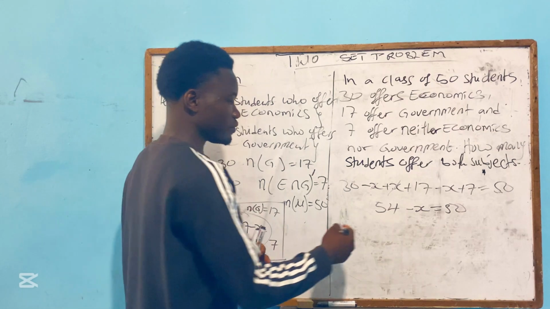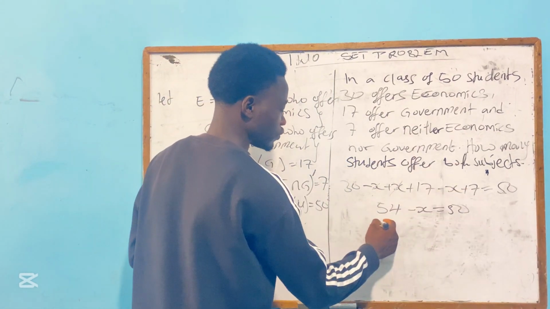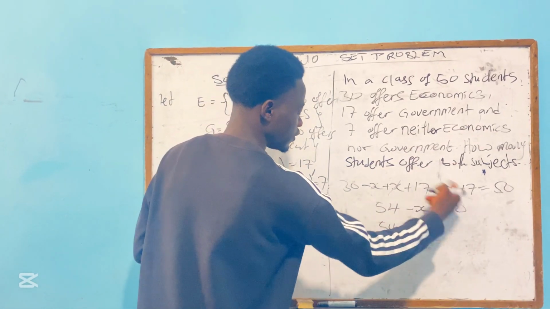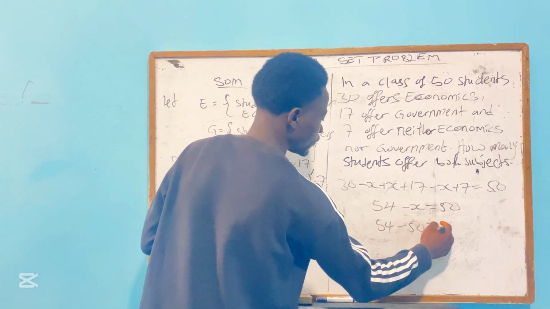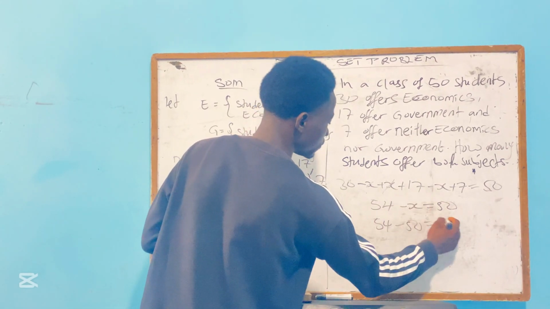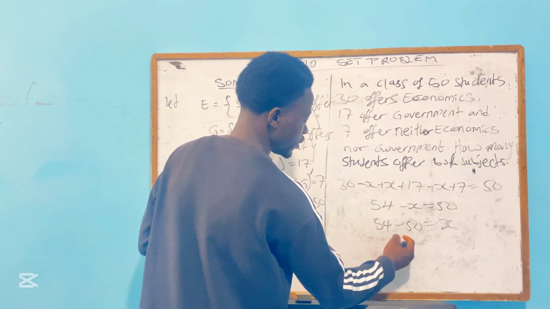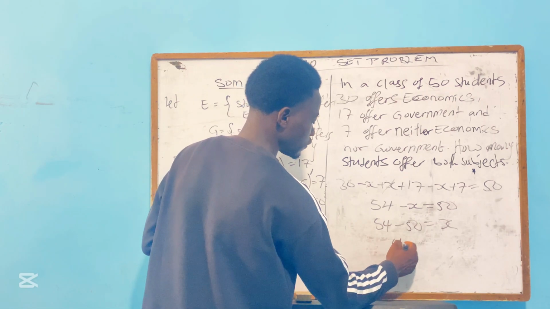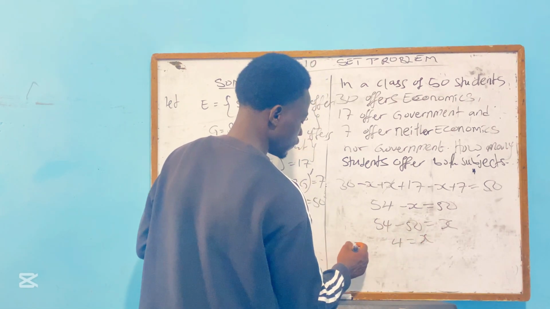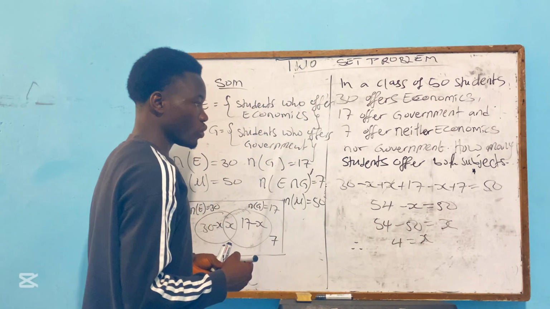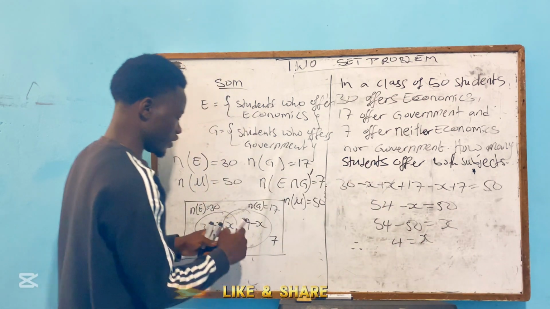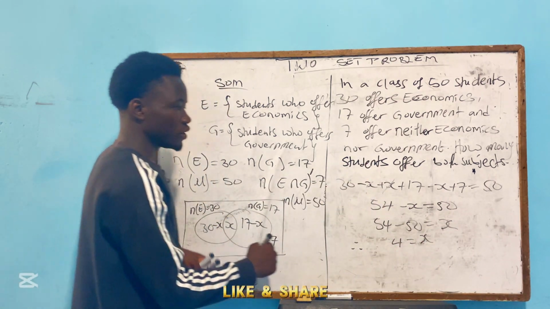I can group like terms. This is negative x, so I send it across. So I have 50 minus 50... rather, negative x coming across becomes positive x, and 54 minus 50 is 4, equal to x. So therefore, my x is 4, which represents those who offer both subjects.